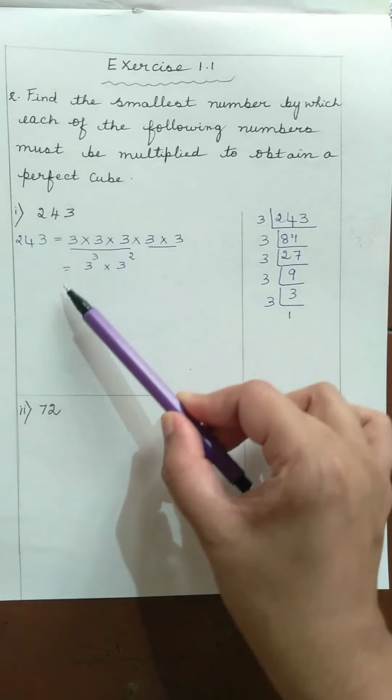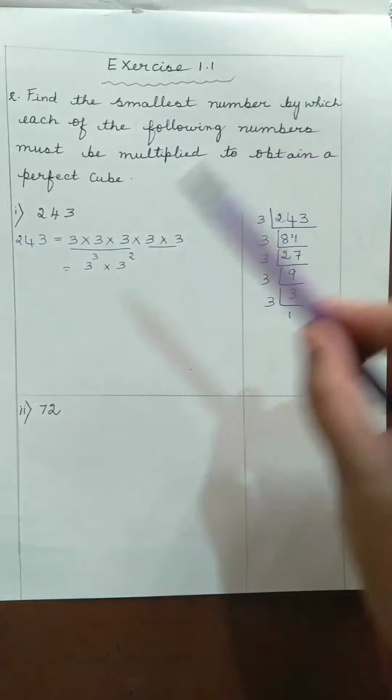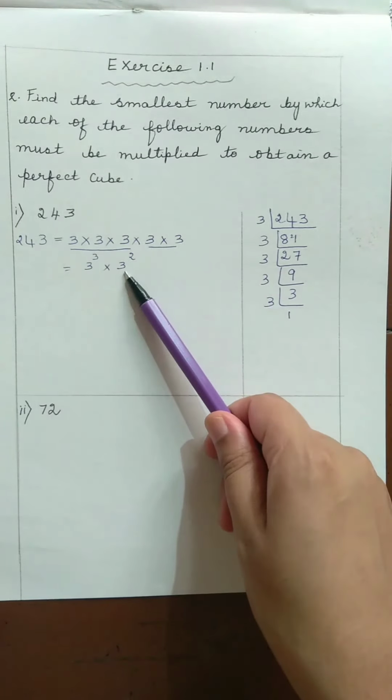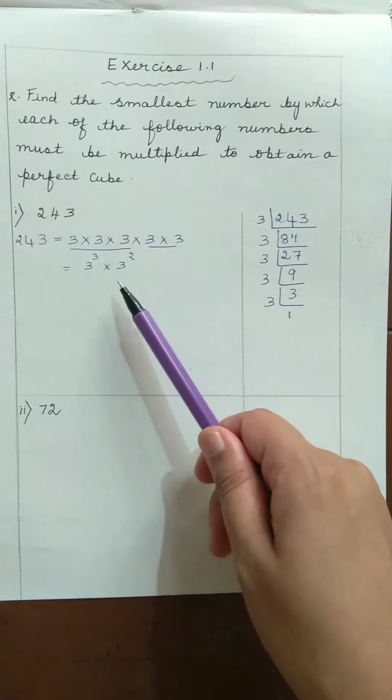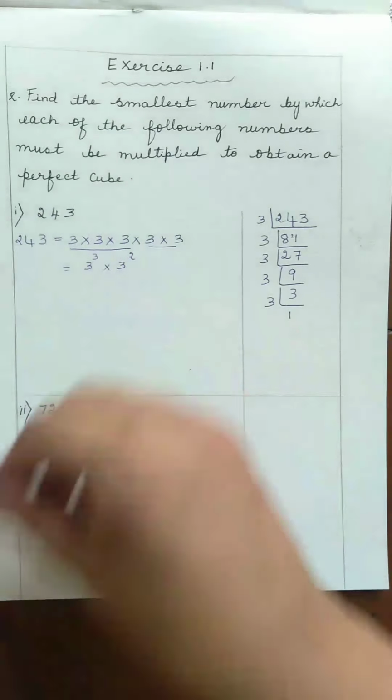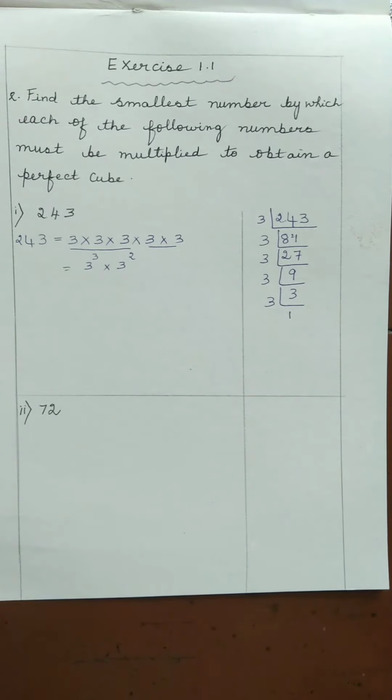One more which we have is 3 cube into 3 square. The first factor, that is 3, appears in a group of 3, whereas the second group does not appear in a group of 3. Therefore, 243 is not a perfect cube.